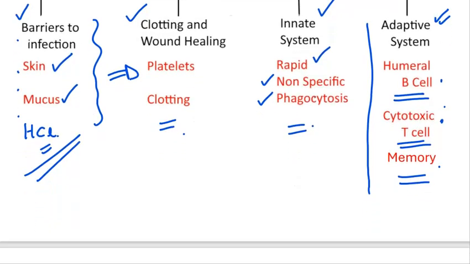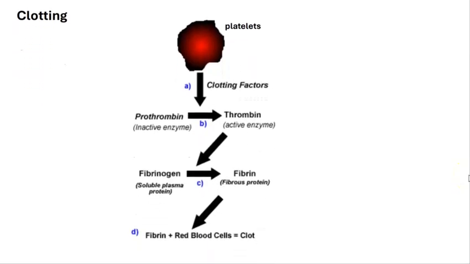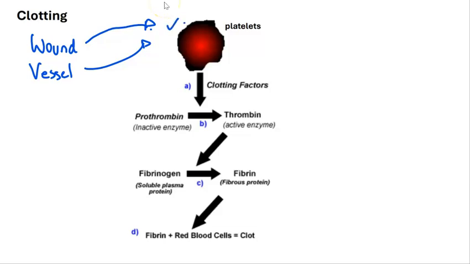So let's take a look at the clotting process. When we have a wound, then wound tissue sends out chemical signals, or alternatively, we have damage to the inside of a blood vessel, and that equally will send out chemical signals, and these attract the platelets, which is one of the parts of the blood system.